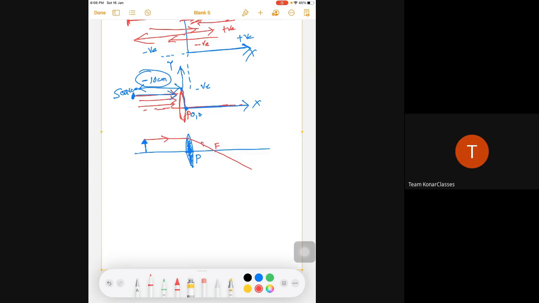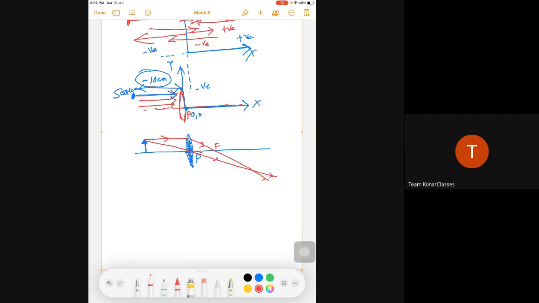So this ray will pass this way, and another ray goes from the top of this object through the center of this particular lens. It will go this way, and these two rays will cut here.